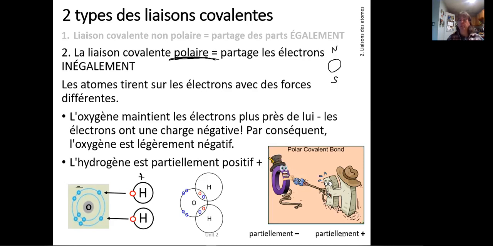Look at the outer shell of the oxygen atom. There are 2 single electrons here. So how many electrons from hydrogen can come? 2. We have 2 hydrogens that we'll share. These are called polar covalent bonds.